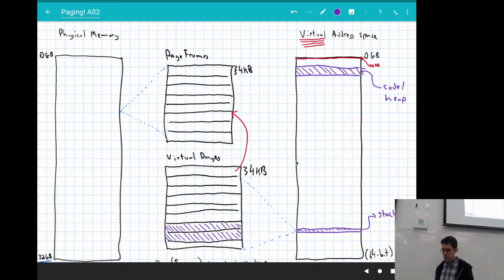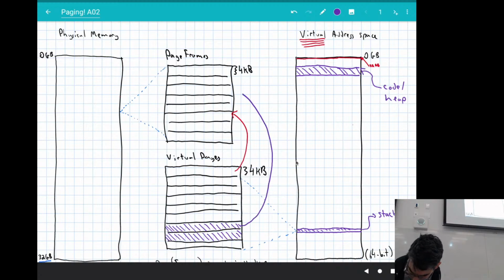And I'm only going to allocate in my physical memory as many page frames as I actually need to represent the pages that I've got in my virtual address space here.